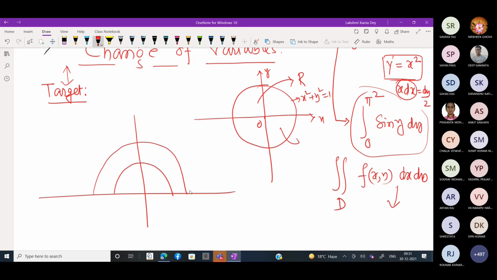This part is x square plus y square equal to 1. This part is x square plus y square equal to 4. And this is your region of integration, R.